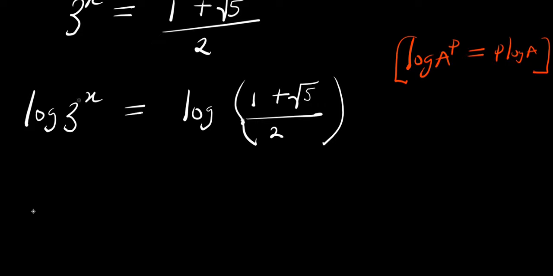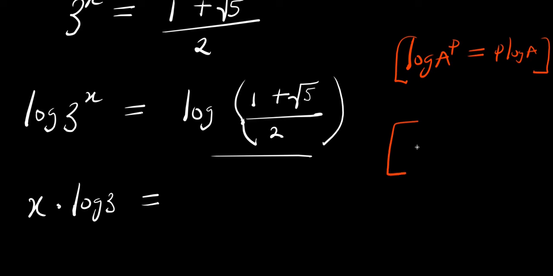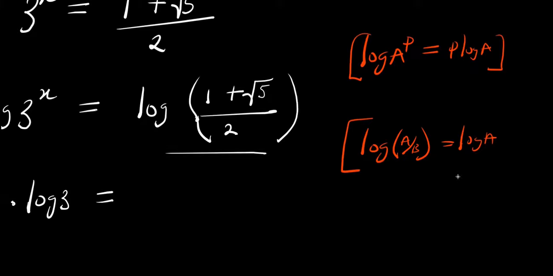So that simply means you are going to have x times log 3 equals, for this, we apply another property of log in which if you have log a divided by b, it equals log a minus log b. So we apply that right here.